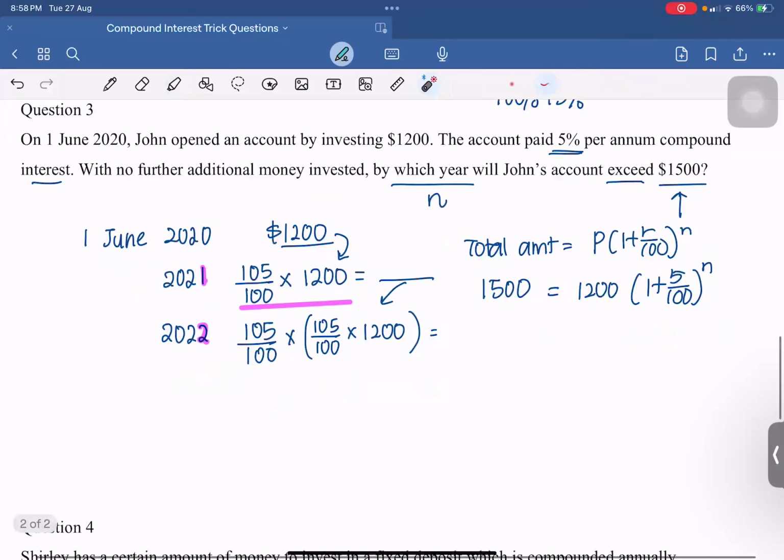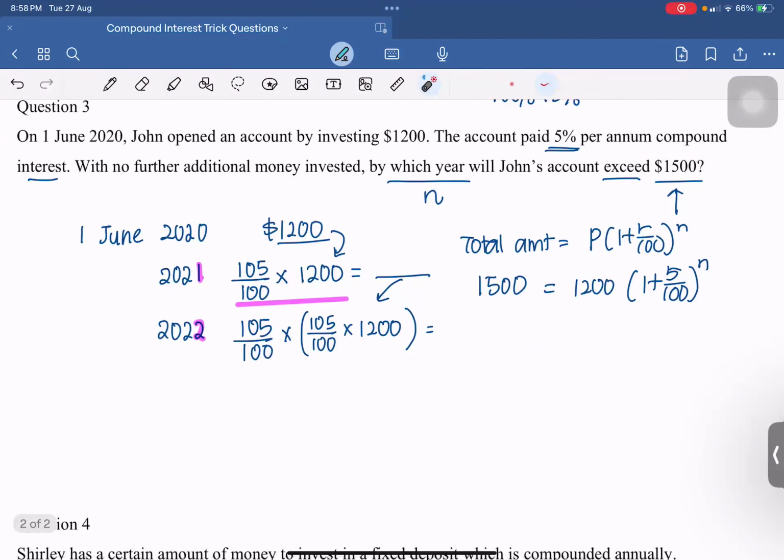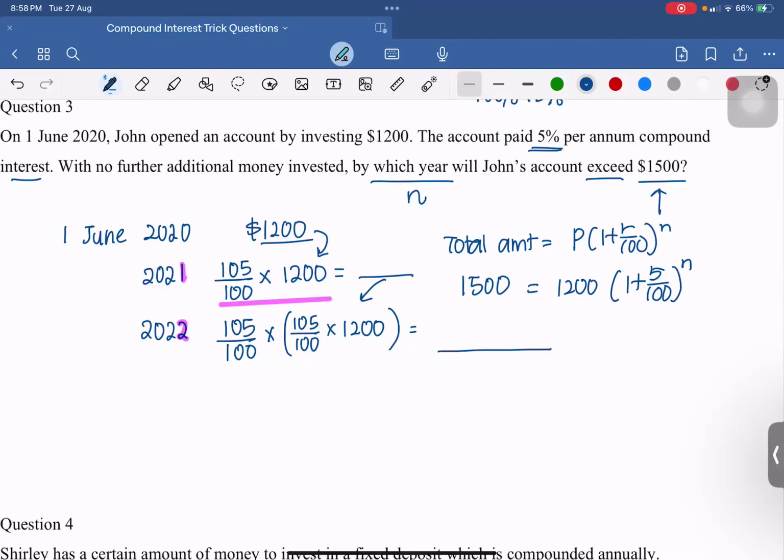So what I need you to do is, can you all count this value for me? Press your calculator, count this value for me. What is this number? The first one is 1260, then the second one is 1323. Exactly. Wow. Okay. Then it hasn't exceeded 1,500, right?